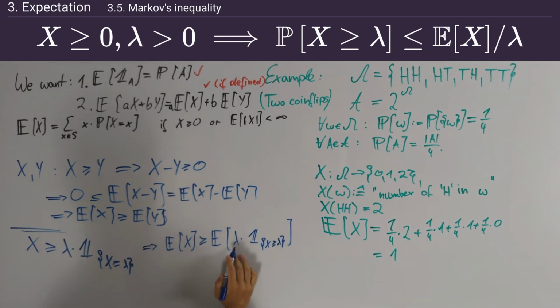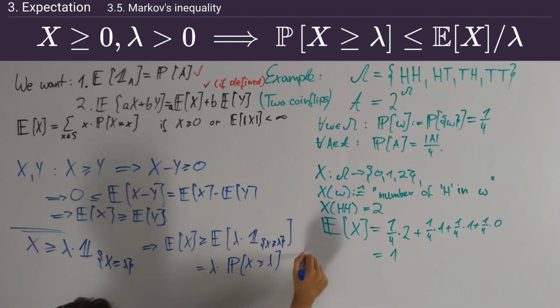We can first use linearity of expectation to get a lambda in front, and then note that the expectation of the indicator of X greater than or equal to lambda is simply the probability that X is greater than or equal to lambda. Since lambda is positive, we can divide on both sides by lambda to obtain the desired result.